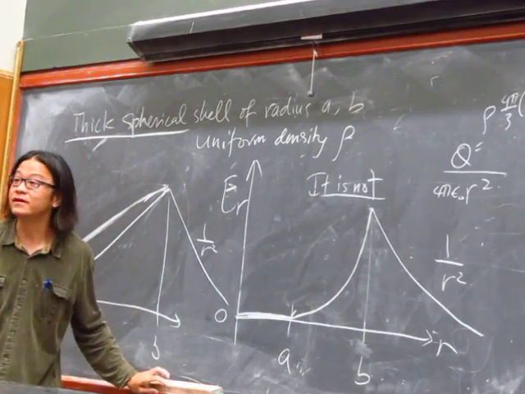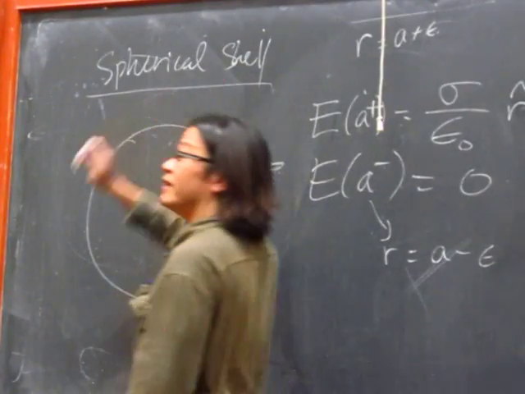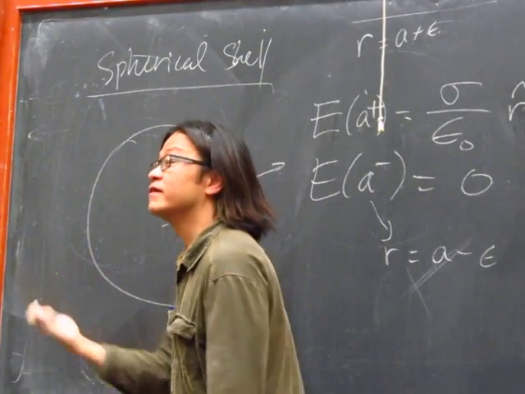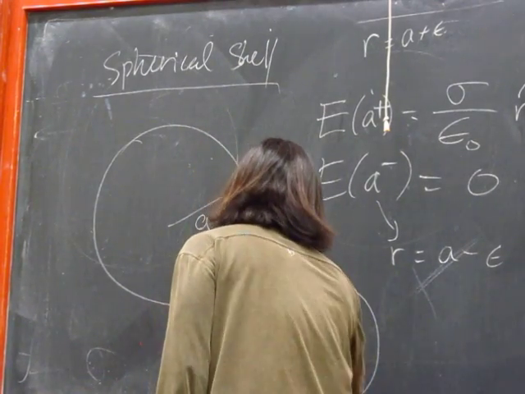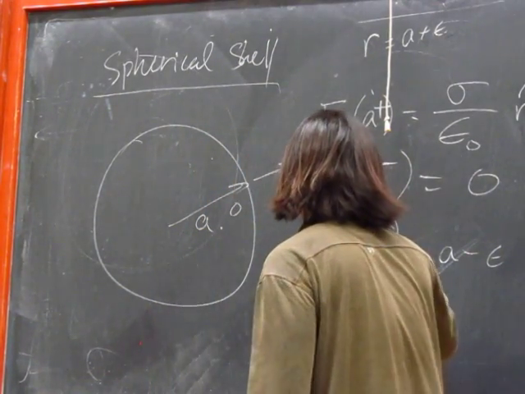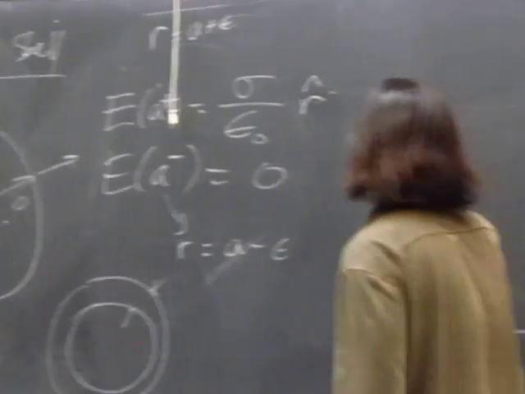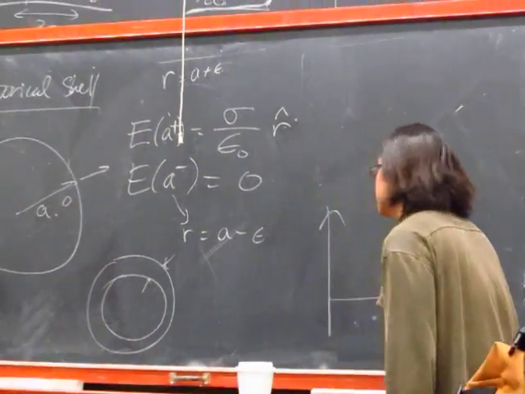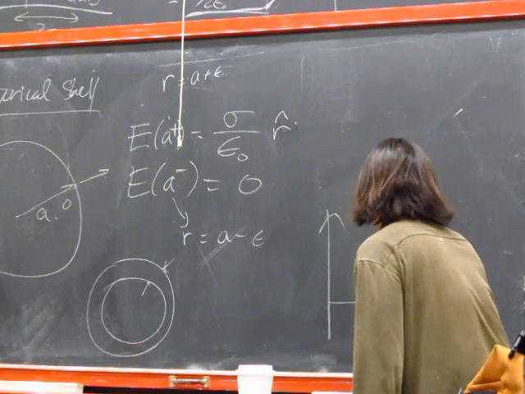So, in reality, there is nothing with zero thickness. Things are always a shell of some differential thickness in this case. So the electric field, this is A, and some thickness epsilon, say.